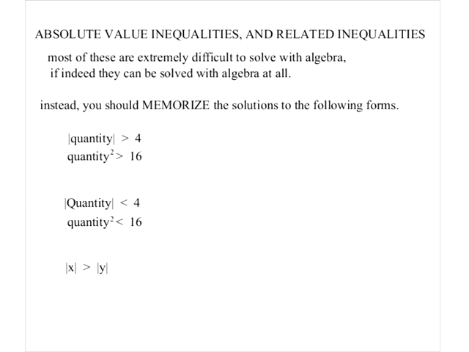But here are some things that you do have to know how to deal with. These are some basic inequalities that involve absolute values or are closely related to equations involving absolute values. Notice that these two have specific numbers in them. I'm going to go ahead and cover these up for a second. These have specific numbers in them, although I think you can see how these would be generalized.